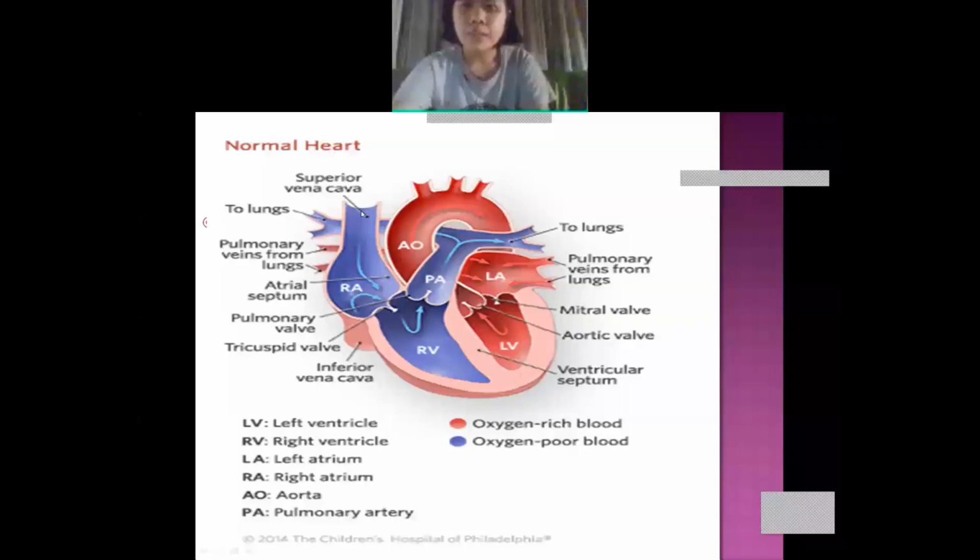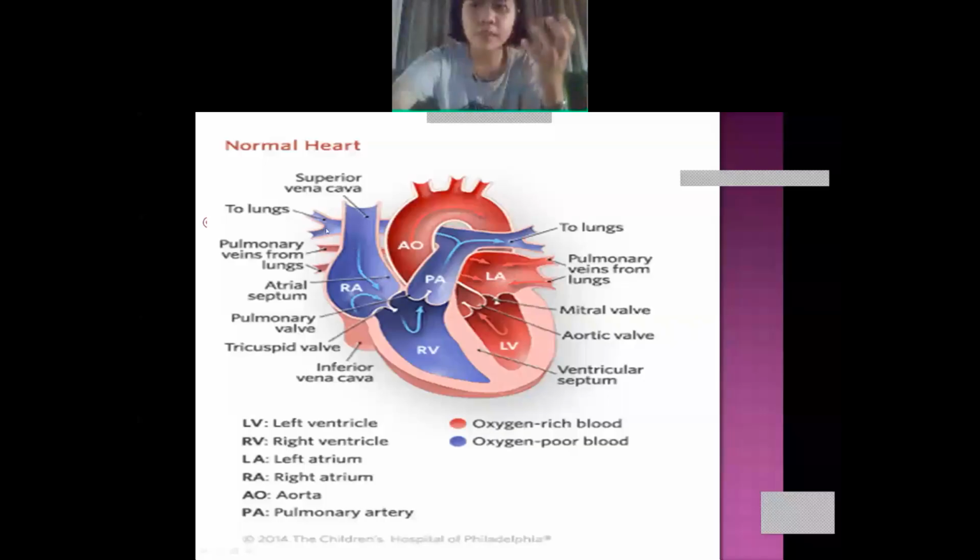Okay, let me start explaining now the circulatory system of the heart. So the deoxygenated blood, that is, absence of oxygen, will come from both sides. From both sides means what? From the upper side, that is the superior vena cava, and the inferior vena cava.